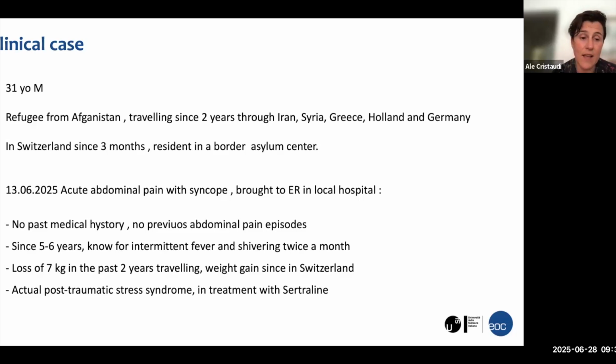So he is in good health, no past medical history, no previous operation, and this is the first time he experienced such a pain. He reports an intermittent fever and shivering for a few months, 5-6 months.